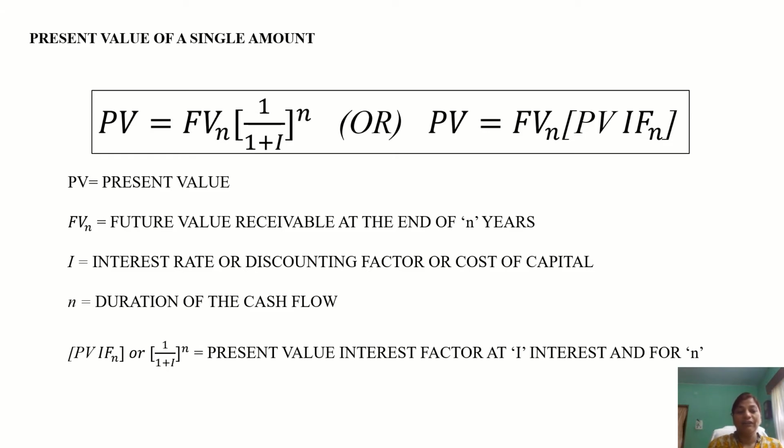We have the other formula where PV is equal to FVn into PVIFi,n. Here PVIFi,n, that is 1 by (1 plus i) whole power n, is the present value interest factor at i interest and for n periods. So this is the formula we use. Let us see one example.